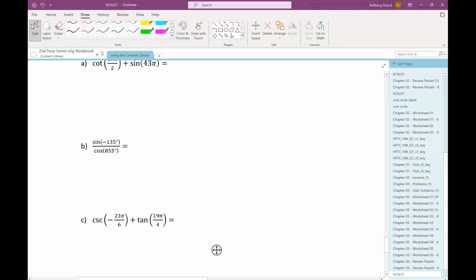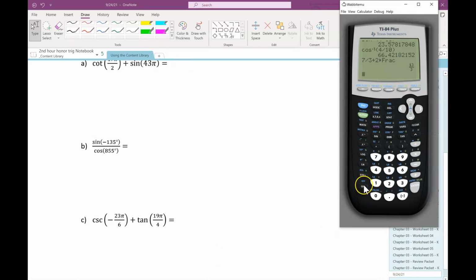So on here, we're going to be using the unit circle to evaluate these things. So I noticed that negative 135 and positive 855 are not unit circle angles. So I'm going to start just by adding or subtracting 360 from them until I get something that's on the unit circle.